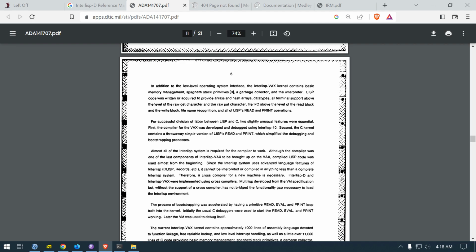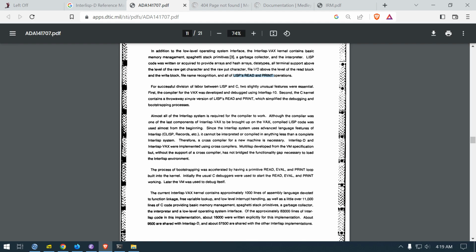And then I want to say the read and print operations, they wanted to have all that stuff inside the C implementation. And so they divided some of the stuff up between Lisp and C.